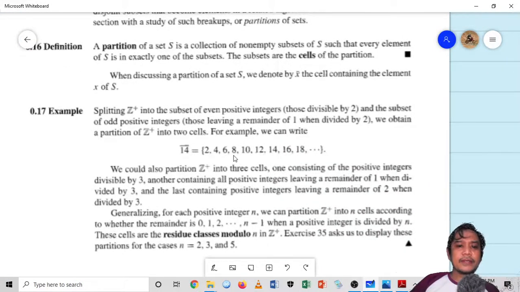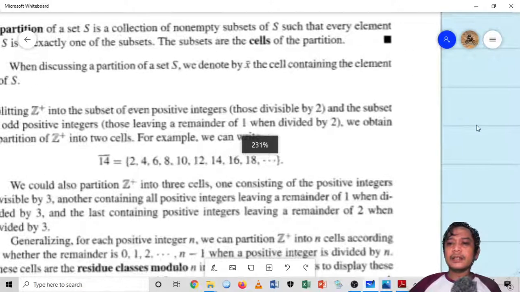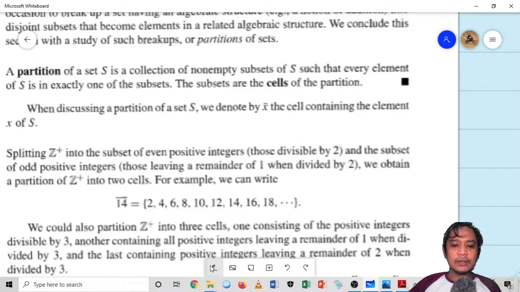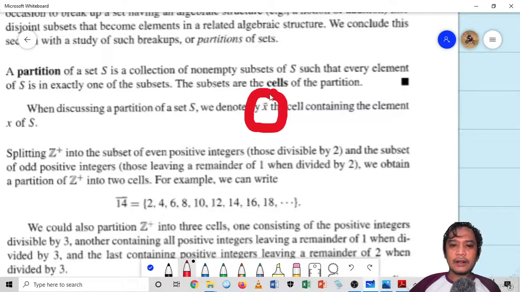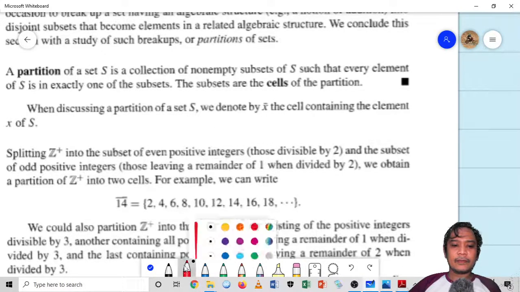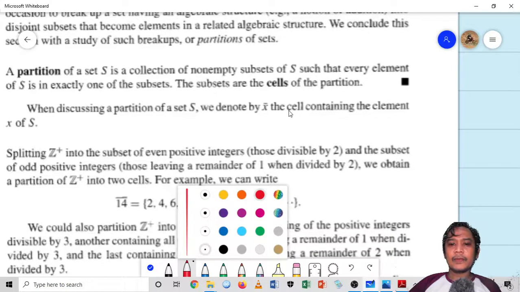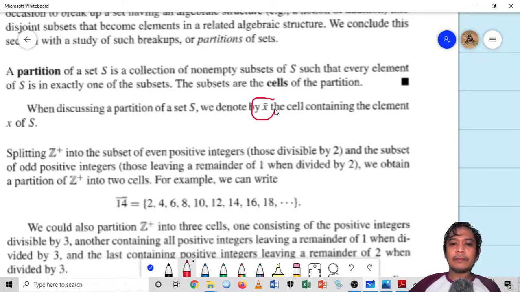By the way, we shall take this symbol, a bar over the element, to denote the cells. This symbol here denotes the cell that contains the element x.